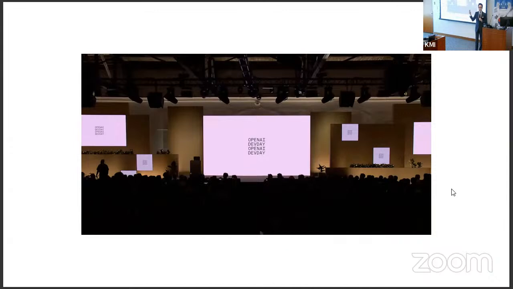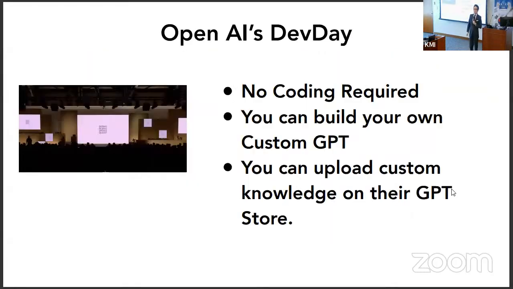Basically, the idea of this event is to create their version of an App Store. So, three key takeaways that I learned from this event: no coding required, and you can build your own GPT. Number three, you can upload customized knowledge to the store, and you can sell your chatbot.